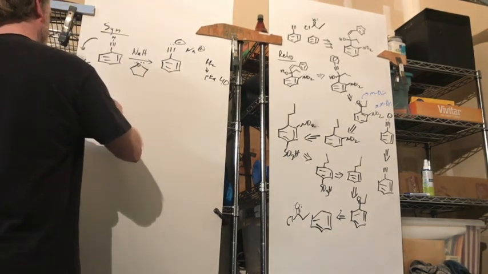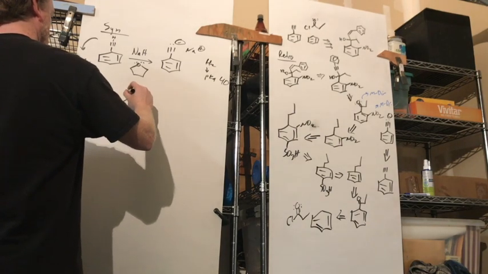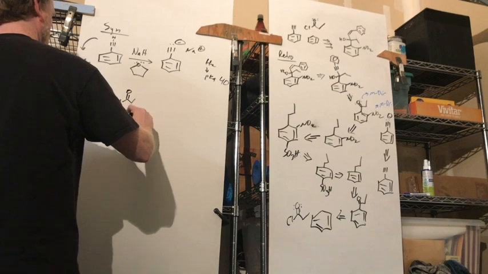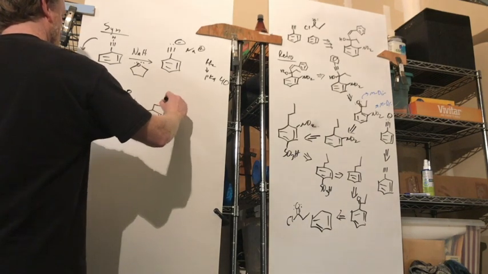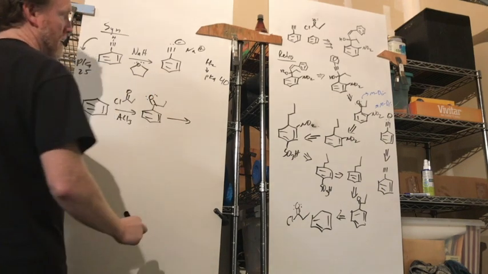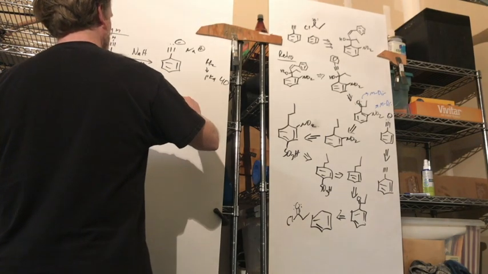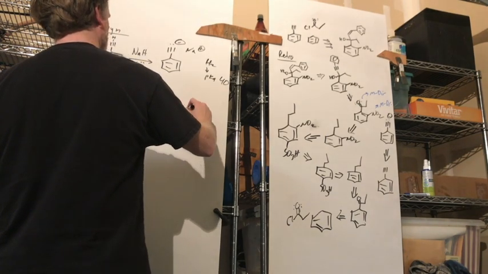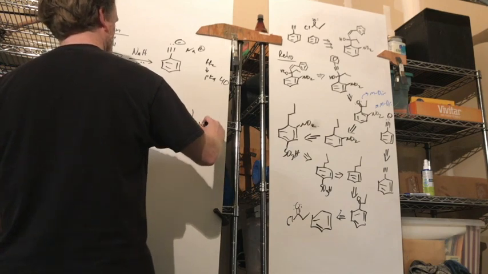So we gotta put on our ketone first. Friedel-Crafts acylation. Then we reduce it to the alkane. We'll use the zinc amalgam, HCl, and heat.